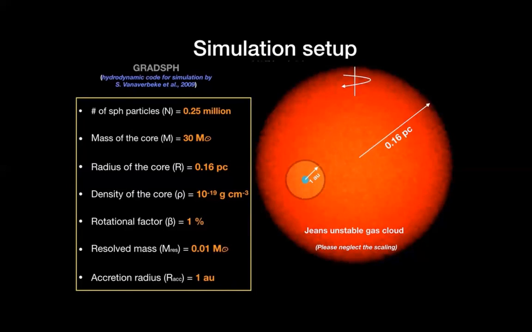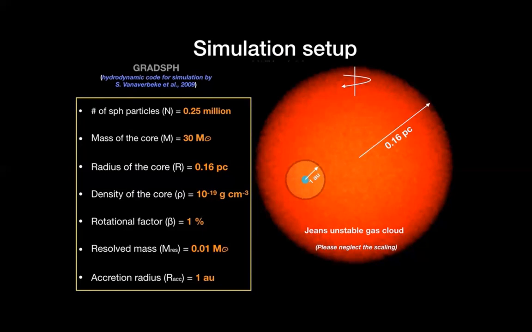This gas sphere is also in solid body rotation, which is given by the rotational parameter beta, that is 1%, the ratio of the rotational energy to the gravitational potential energy of the system.